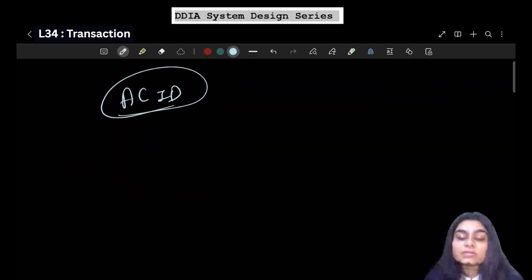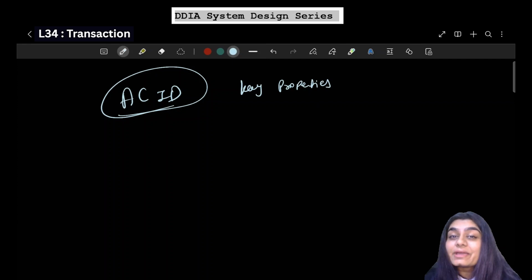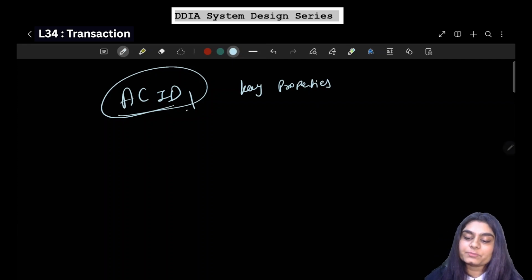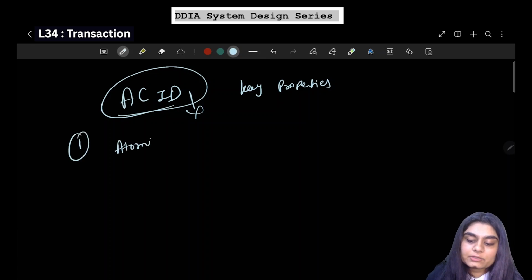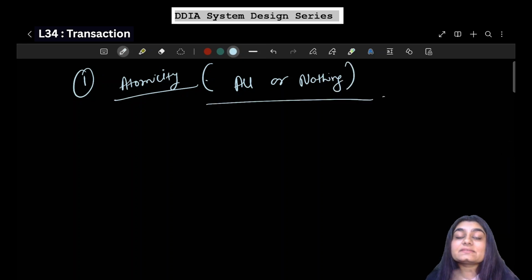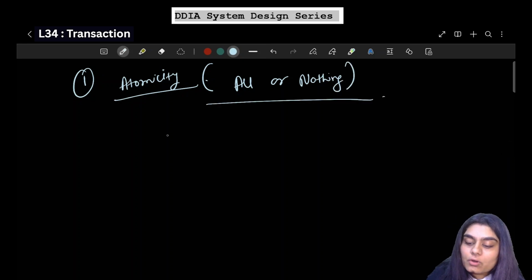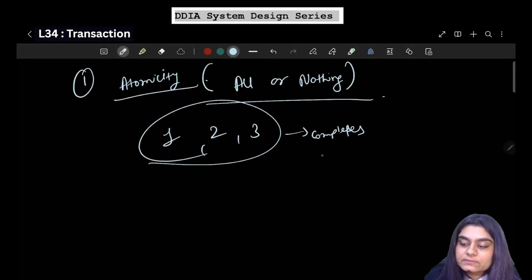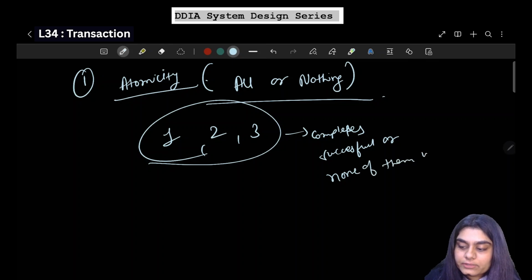ACID is the acronym that represents the key properties that ensure the reliable processing of database transactions. Let's break down these ACID properties. First is atomicity. It is also called all or nothing. Atomicity means that the transaction is an indivisible unit. Either all the operations, suppose 1, 2, 3, complete successfully, or none of them will occur.